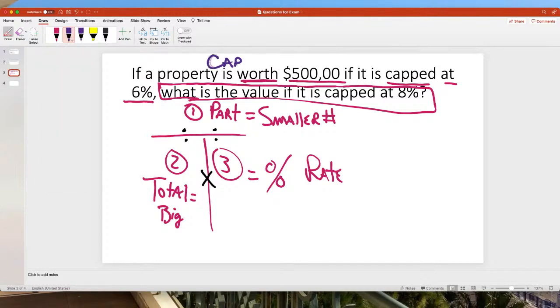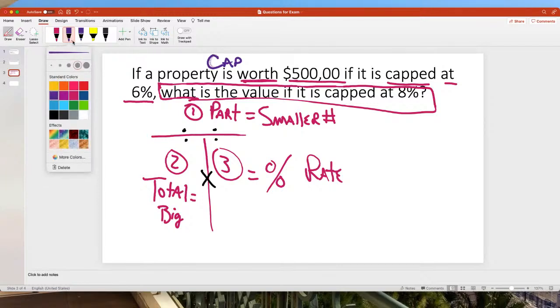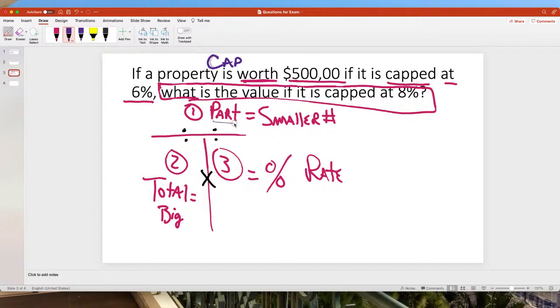So this is a cap rate problem. And when we work a cap rate problem, the part is going to be identified as income, and the total will be identified as the value of the property. And of course, rate remains rate. Let's take a look at this now. We know where the 6% goes, right here.